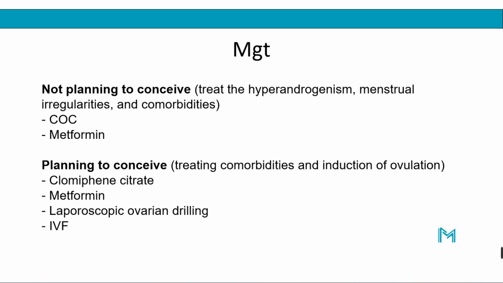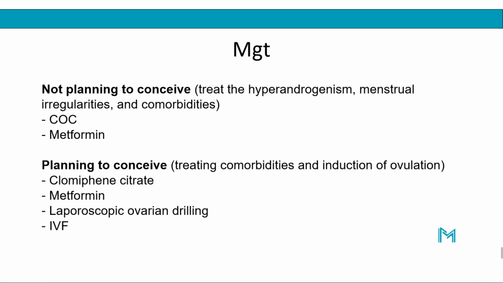And so once clomiphene citrate is blocking the estrogen receptors at the hypothalamus, the negative feedback of estrogen on the hypothalamus is cut off, and you have an increased release of gonadotropin releasing hormone from the hypothalamus, and that stimulates the pituitary to release more LH and FSH, and that increases the chances of the maturation of the follicles in the ovary and subsequent ovulation. And that's what clomiphene citrate does, and it increases your chances of ovulation and subsequent fertilization.